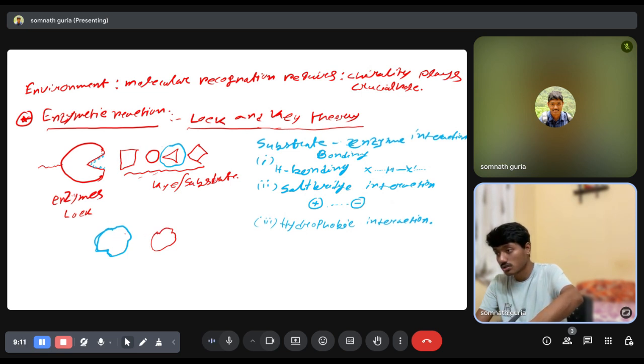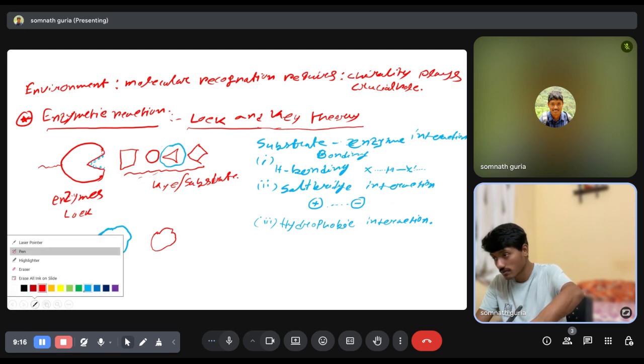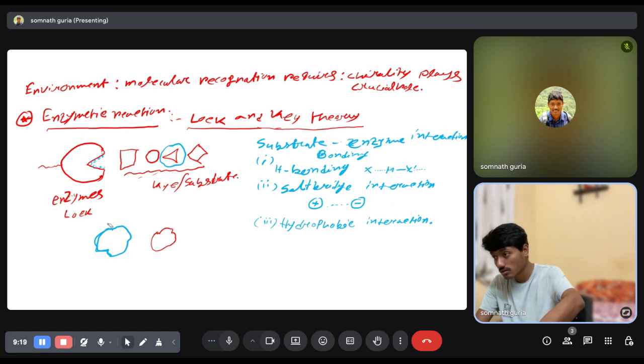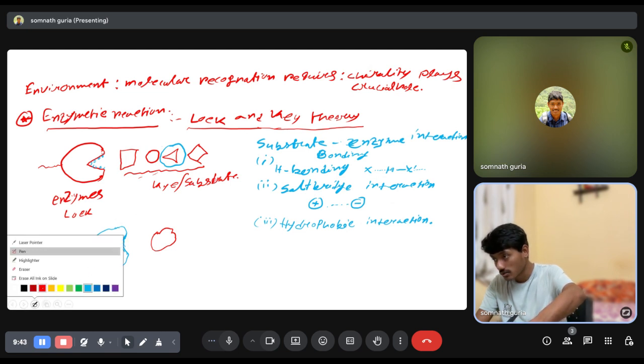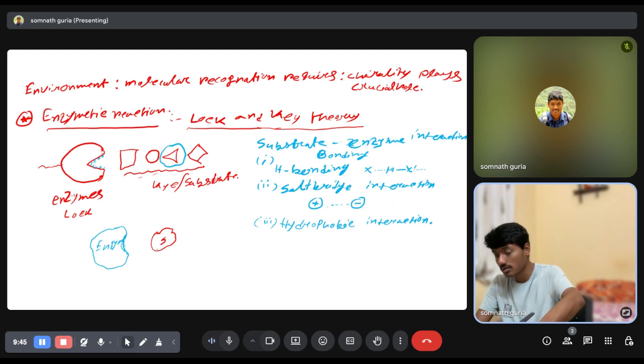Let's suppose this is an enzyme, and this is a substrate.